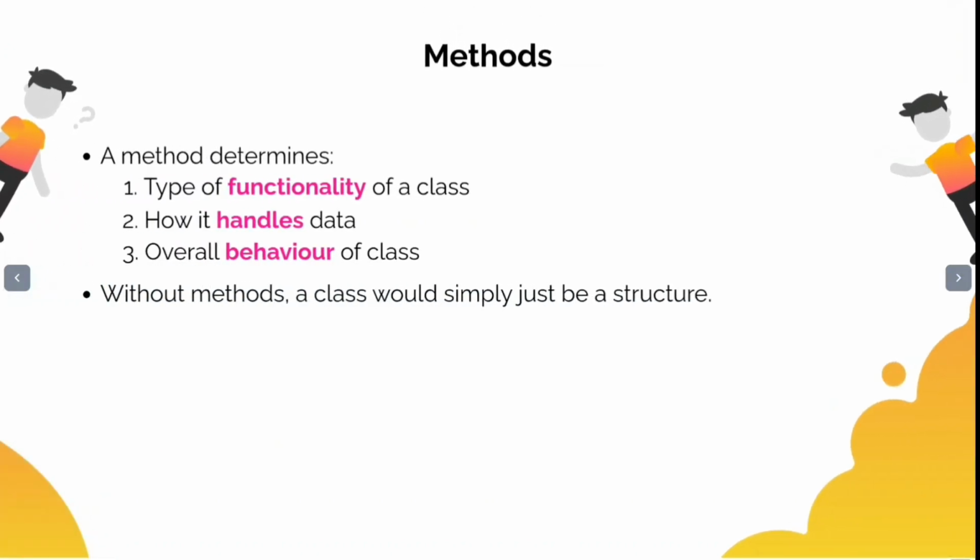Methods are functions that are defined inside the body of a class. They are used to define the behavior of an object. A method determines the type of functionality of a class, how it handles the data and overall behavior of a class. Without methods, a class would simply just be a structure.